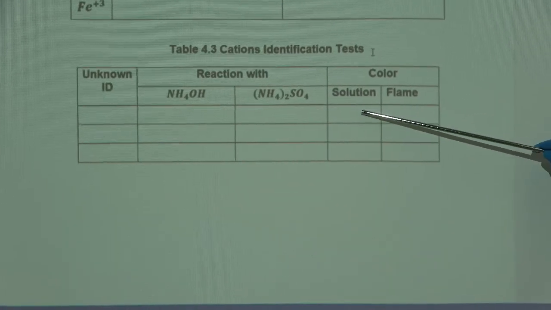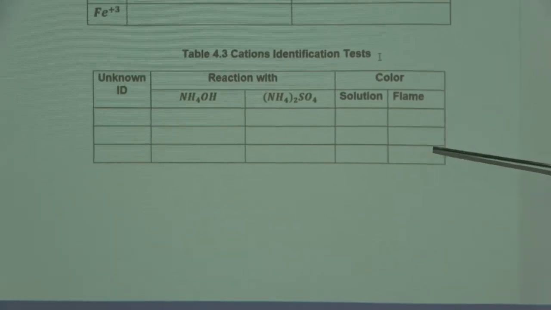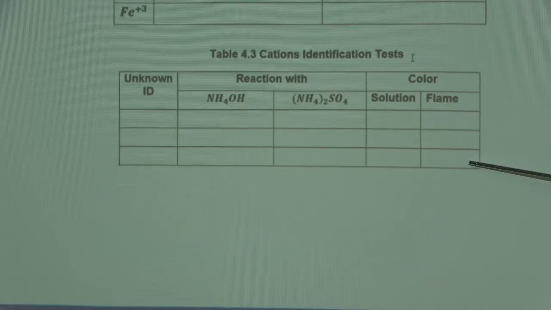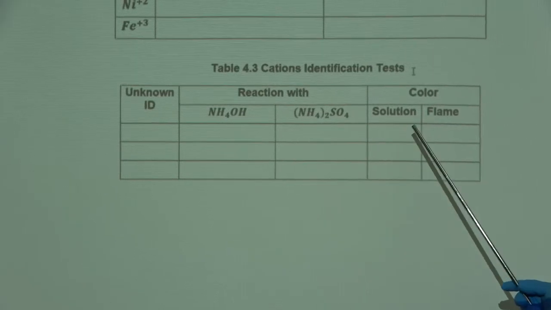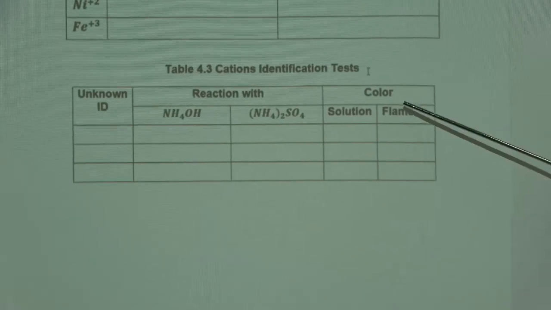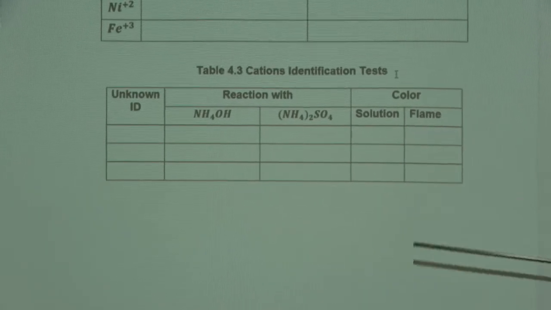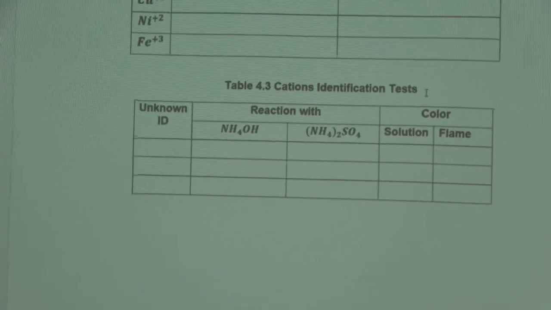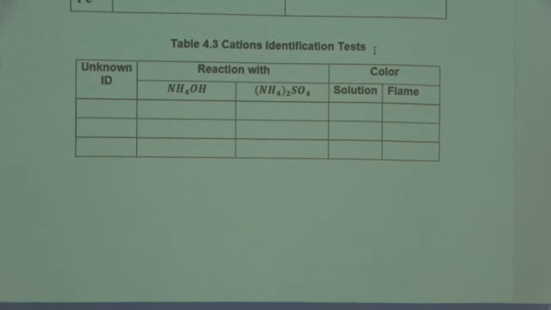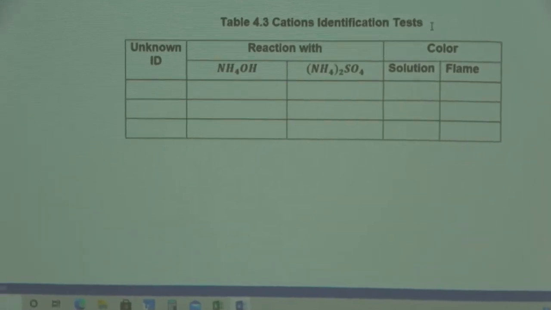We're going to look at the color of the solution and the color it gives to the flame. And you're going to have to write each one of these observations, and from these observations you are going to have to guess which is the ion that is present in each one of those unknowns.